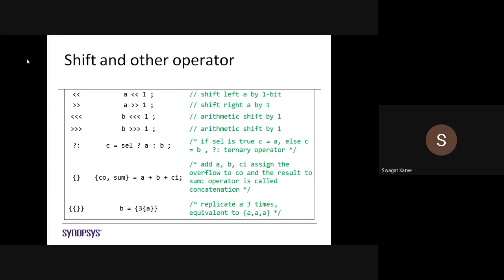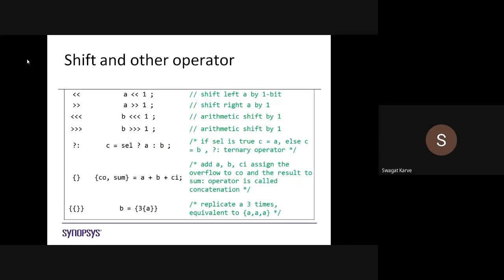It adds a, b and ci, assigns the overflow to co and the result to sum, and this operator is called the concatenation operator. Overflow is nothing but carry.